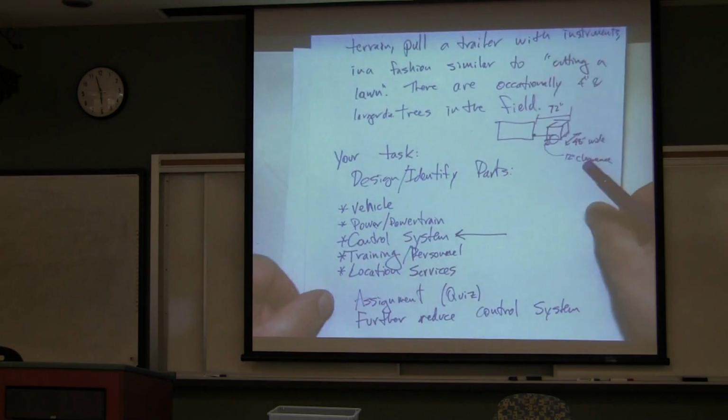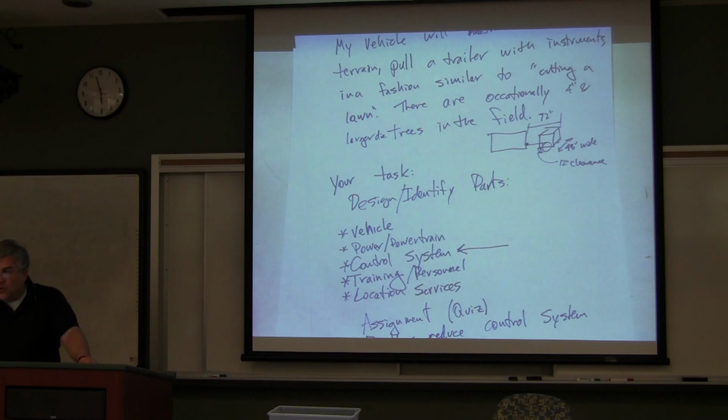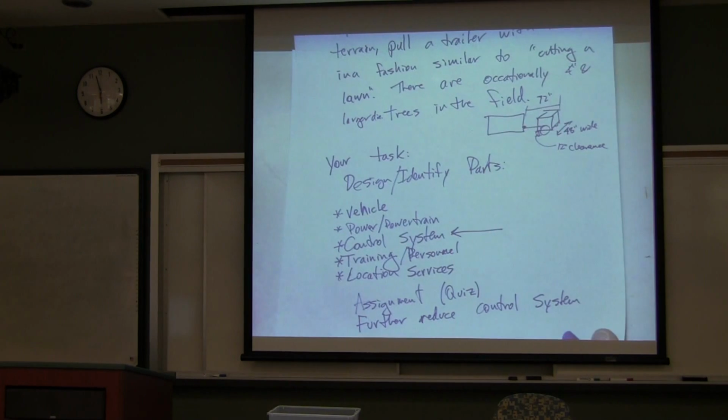So, we were looking at design and identifying parts. The next step would be to actually write requirements for our system. If we were to look at an example of some requirements, let us take a look at vehicle as a requirement.